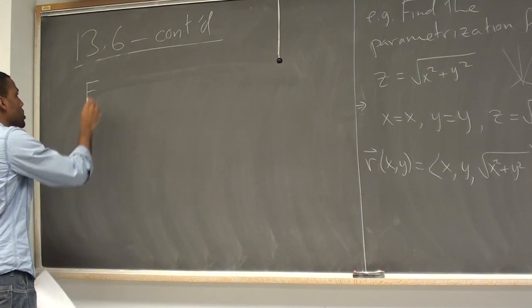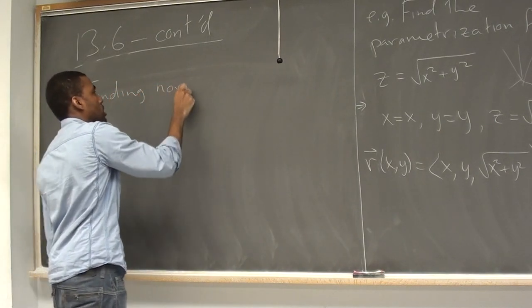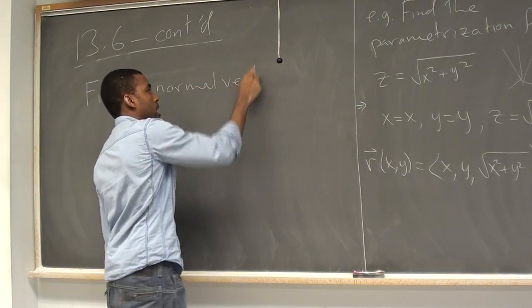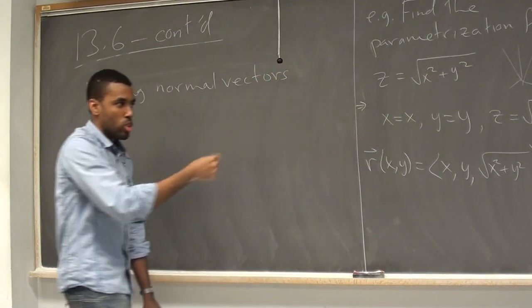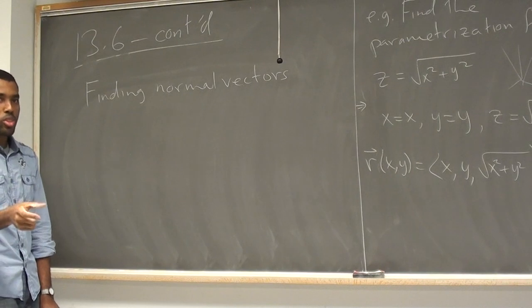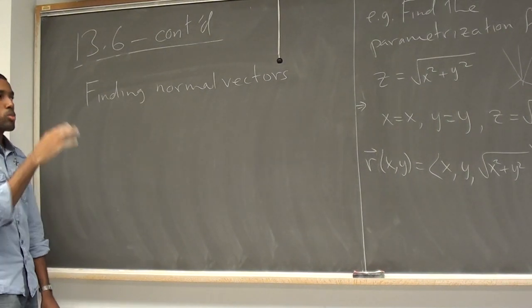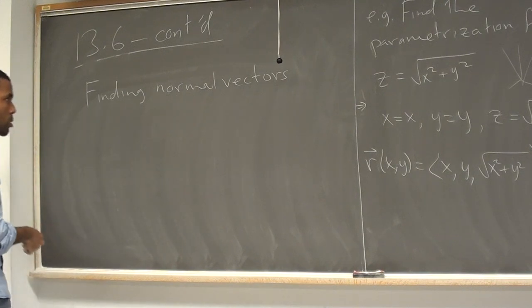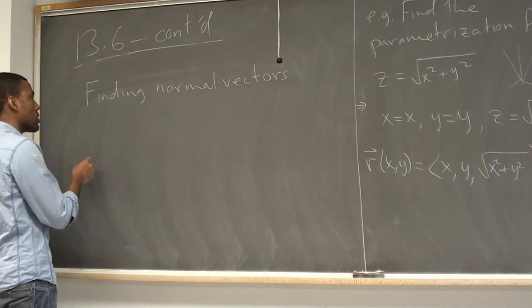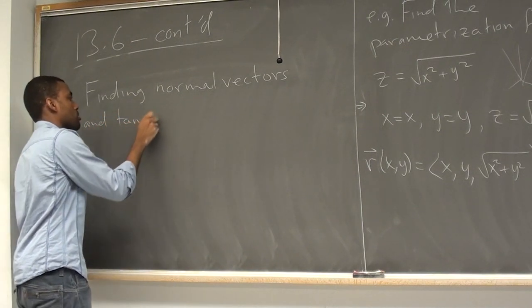I'm also going to show that this is equivalent to what we have done in Calc 3, and that there are certain instances where the Calc 3 way is easier, and certain instances where this way is easier. Finding normal vectors and tangent points.